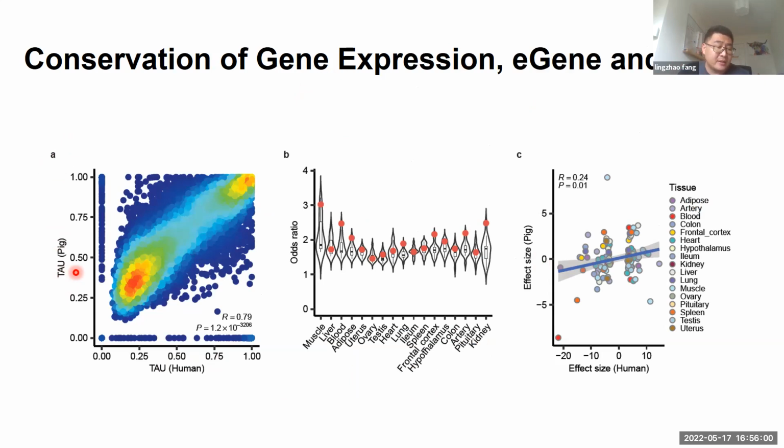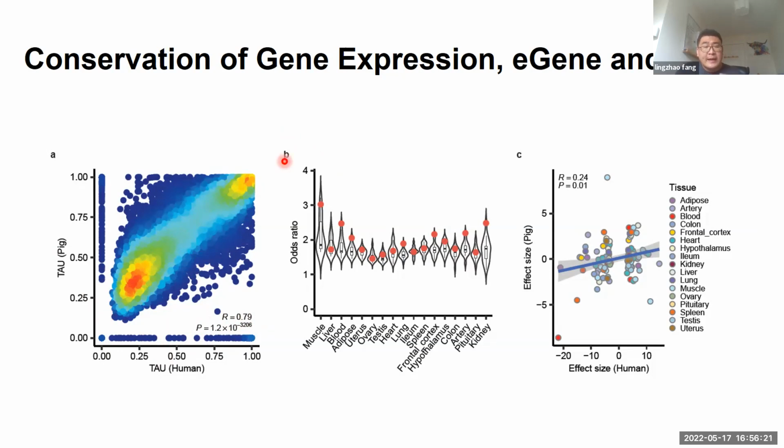We calculated it in pigs and humans separately. But for orthologous genes, you can see a good correlation with each other. That also means the tissue-specific expression, the molecular phenotype, is conserved between the two species.